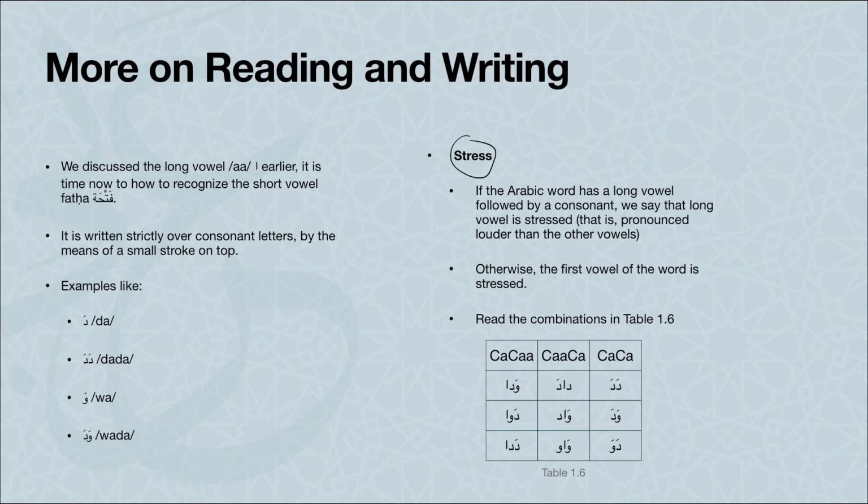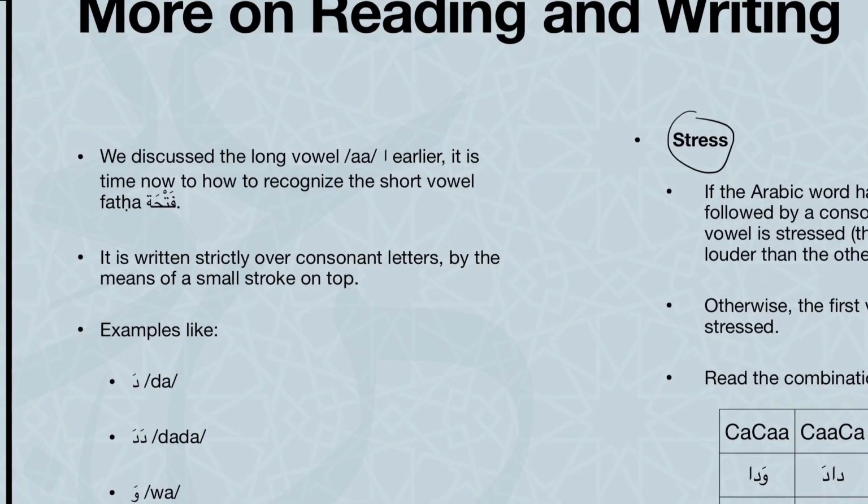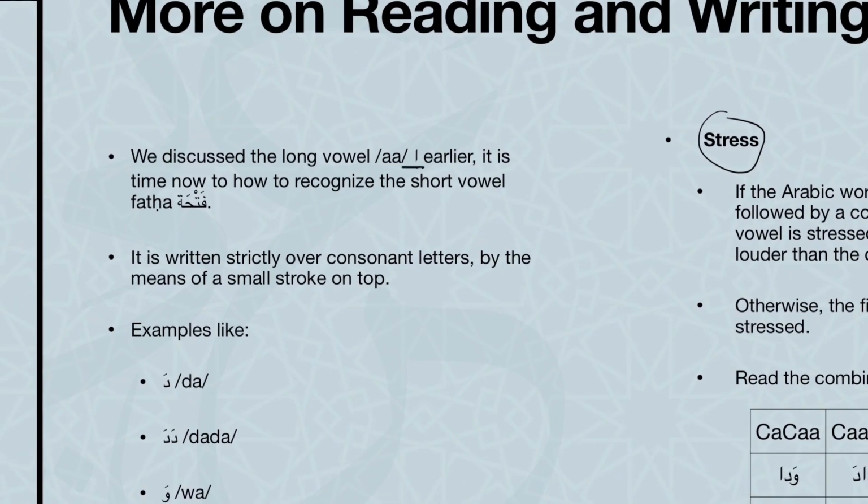So we've discussed the long vowel, and we've had a good idea of what short vowels are, but now we have to recognize how they look. The long vowel a is basically an alif written in the middle of the word. Now to recognize the short vowel, we call it fatha. The word fatha in Arabic comes from the root fataha. Fataha is to open.